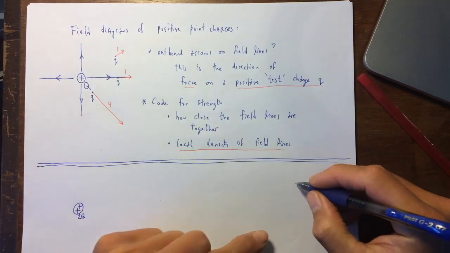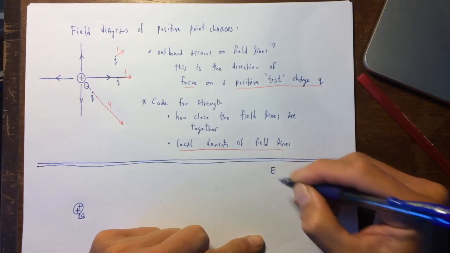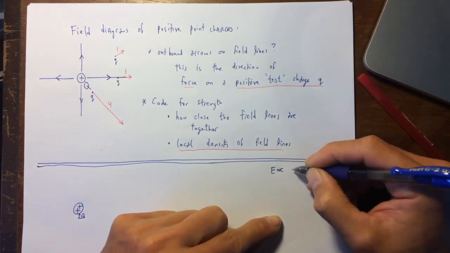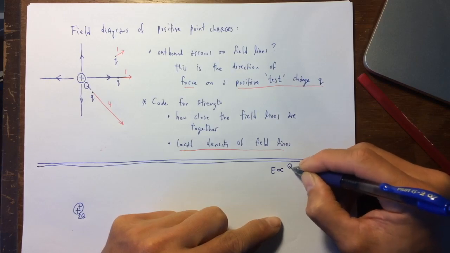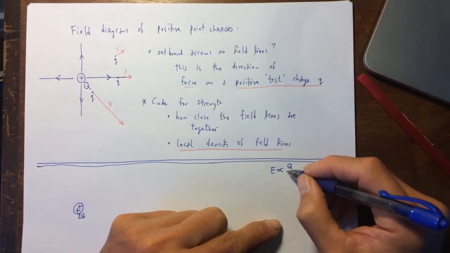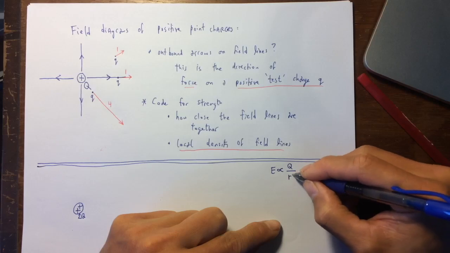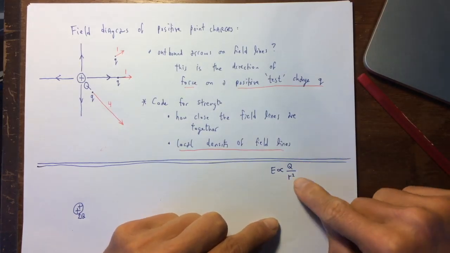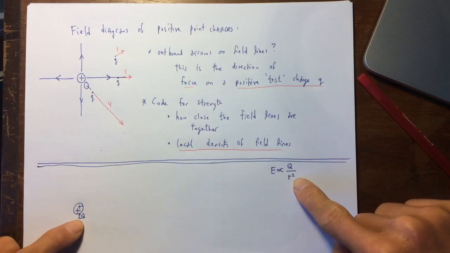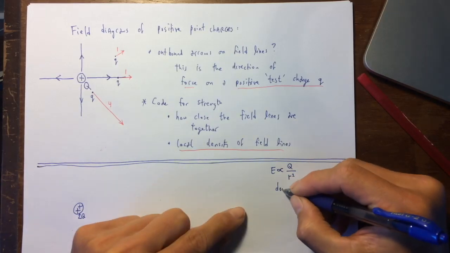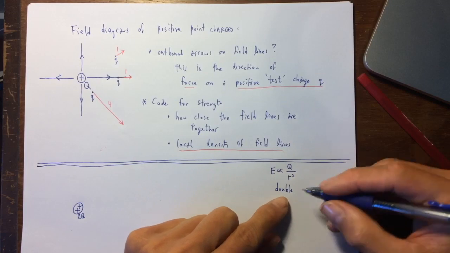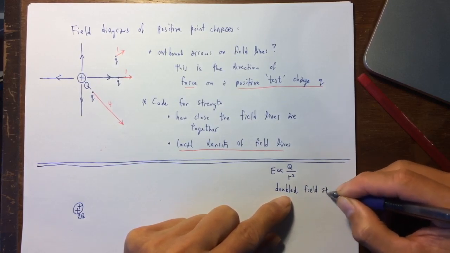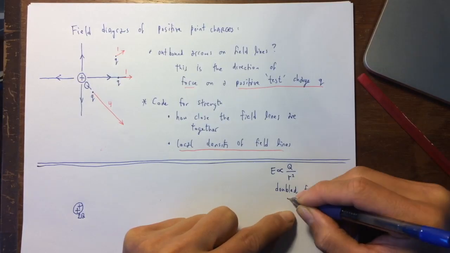Remembering what we know about the electric field, it is proportional to the amount of charge in the problem divided by the distance squared away from the charge. So if I was to double the charge, I'm going to have to think about a doubled field strength everywhere.